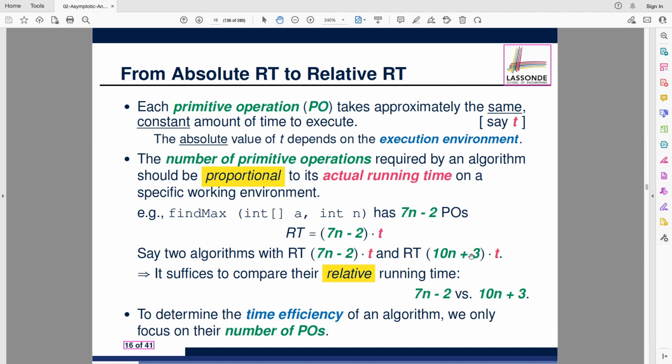These are the two expressions for how many primitive operations there are. Normally, to calculate the absolute time, you multiply each of them by t. But since both are multiplied by t, why don't we just factor out t and only compare the green part? It's a very important slide about the transition from absolute running time to relative running time, which we're going to focus on from today.